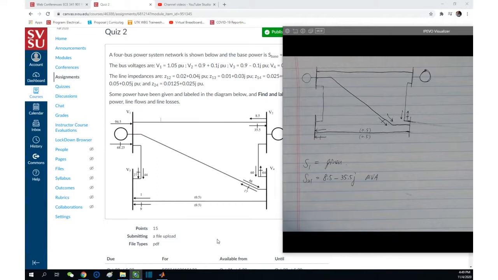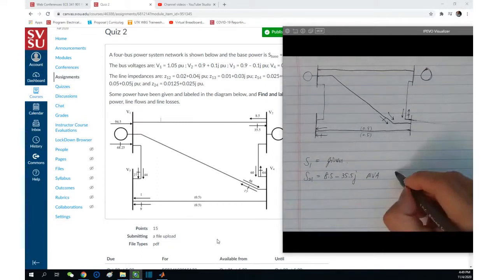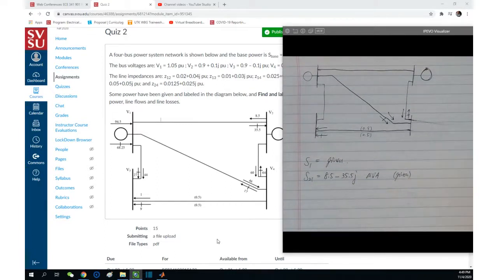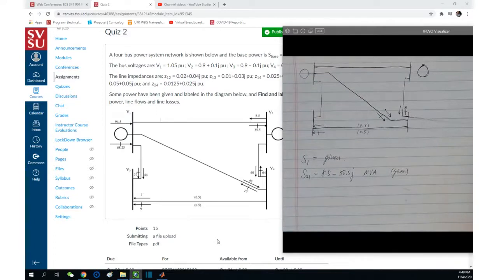The point is, don't waste your time finding something already given. No credit, because by grading, you can tell some of the power line flows you calculated have no credit. I'm not giving you a check there, because they're given.